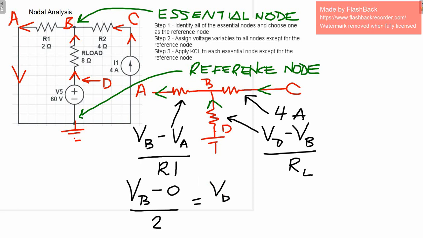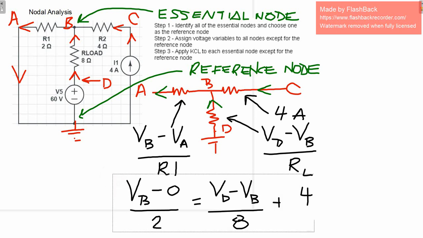That's equal to the current entering the node, which if we just write out these expressions that we have above, then that's going to give us our equation. So I'm just getting those values from there. And the current source is supplying 4 amps. So there's our equation. We are going to solve that equation.